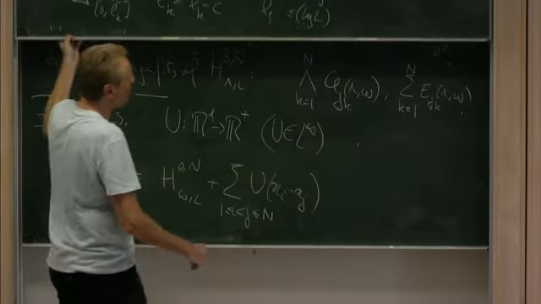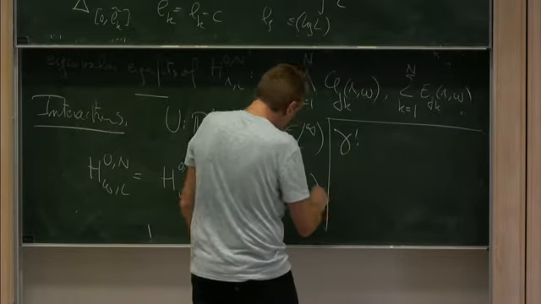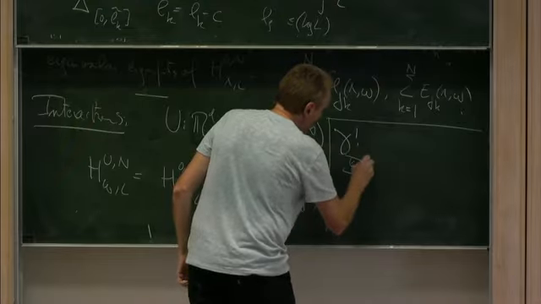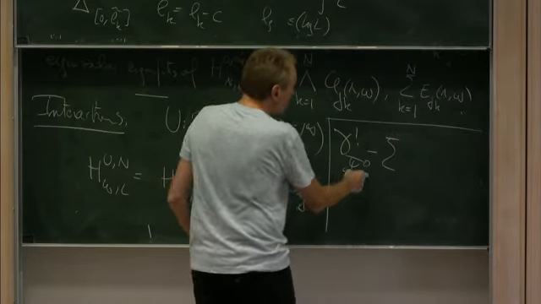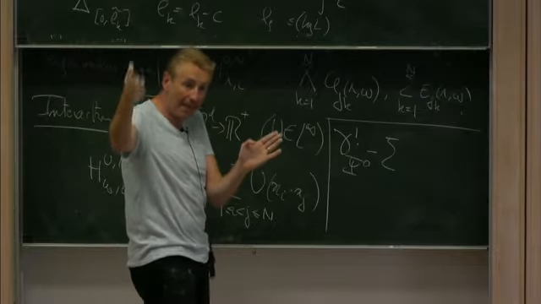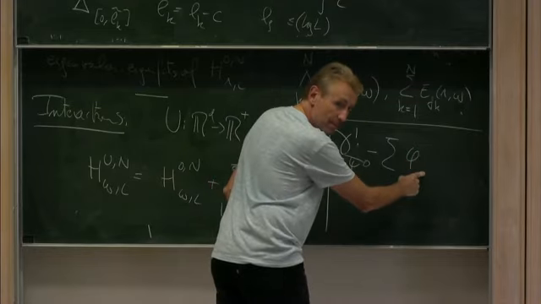And what you show is that if I look at the one particle density matrix for psi 0, the non-interacting ground state, and you take, so this is the orthogonal projector on all eigenstates up to level n, and you replace this by these approximate eigenfunctions, right?